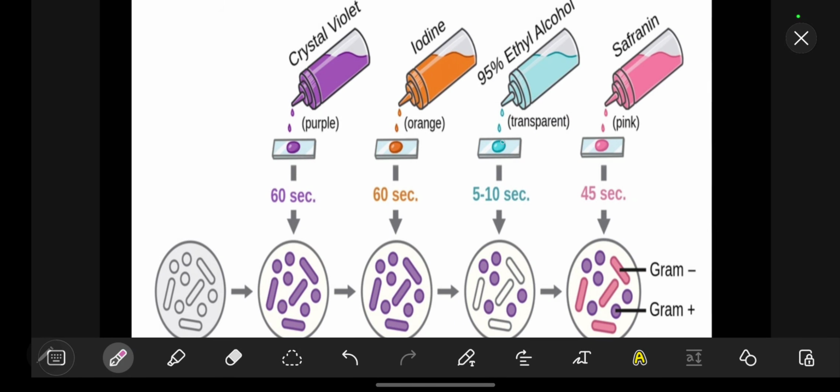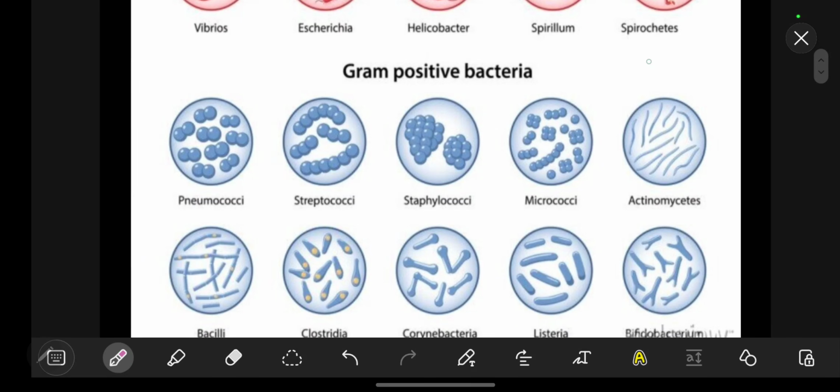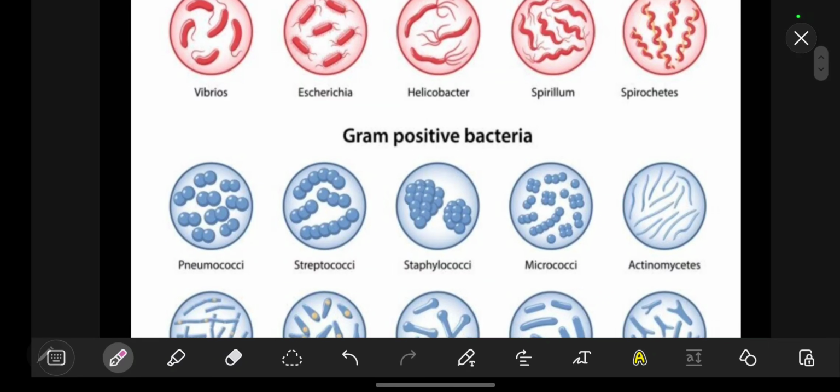Finally, when we add ethyl alcohol, it decolorizes the gram negative. So as you can see, these without color are the gram negative, these are the gram positive. At the end, when you add your counterstain, which we are calling safranin, the gram negative will become pink, and the gram positive will still retain purple.